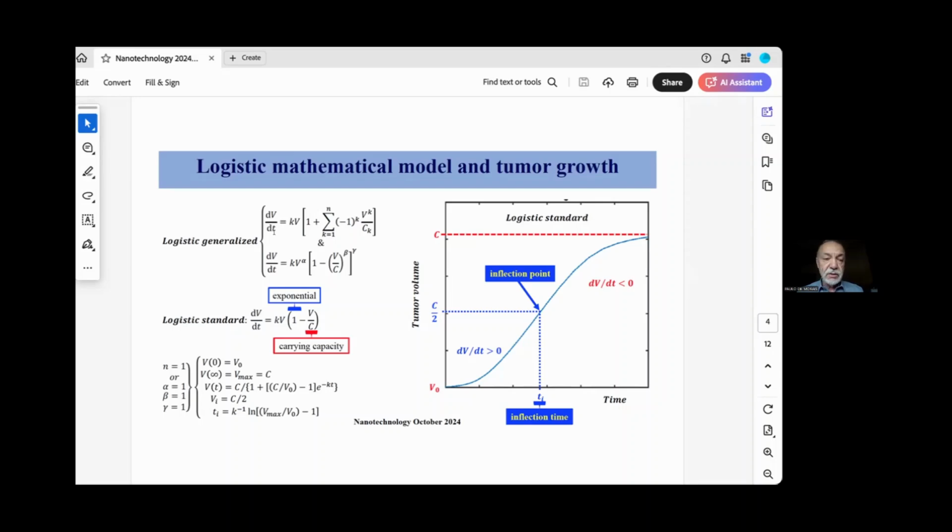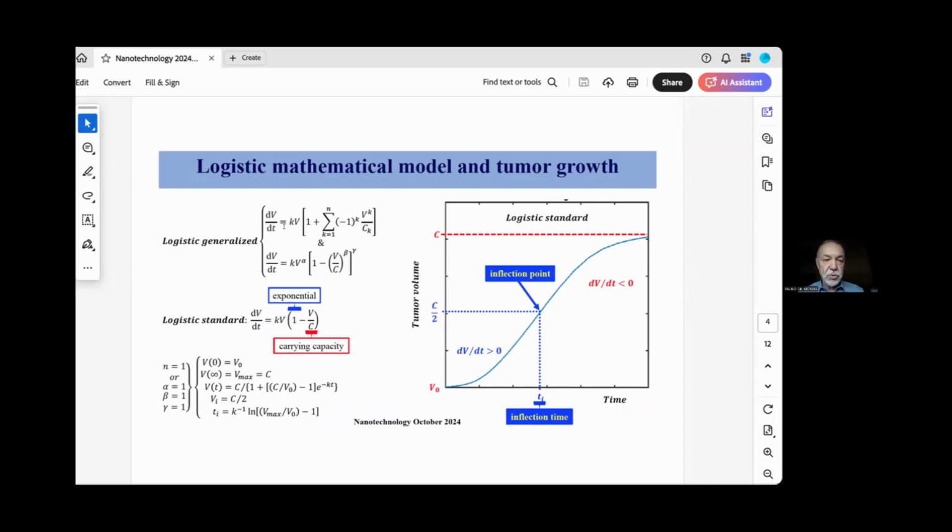And you can find in the literature two ways to describe the logistic model. The first one, you can see here, is described as a series of powers of the volume. This series may contain as many terms as you need to describe your experimental data.